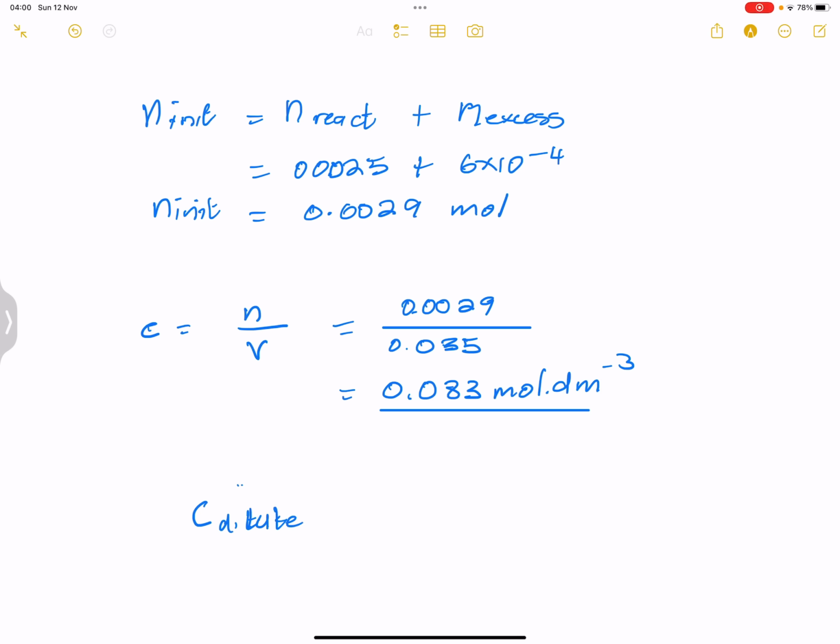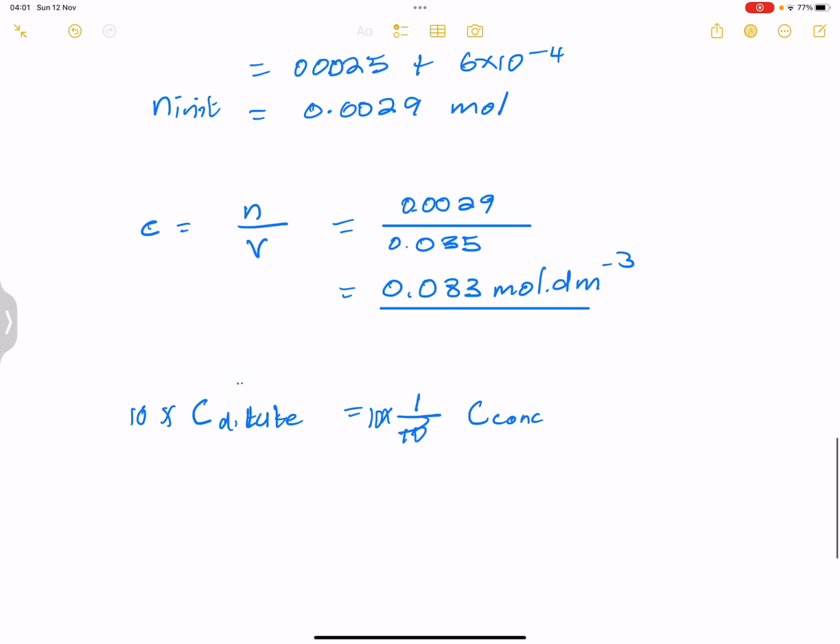The dilute is equal to 1/10 times the concentration of the concentrated amount. So I'm going to multiply by 10 on this side and by 10 on that side. The original concentration will be 10 times this amount, which gives me 0.83 moles per cubic decimeter.